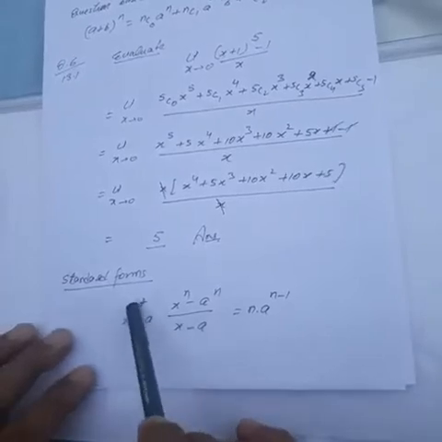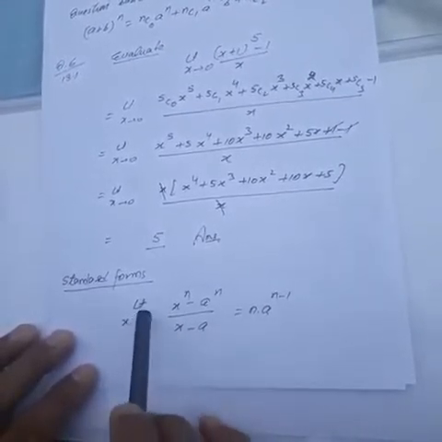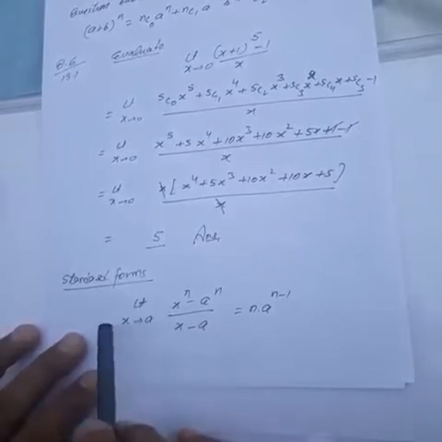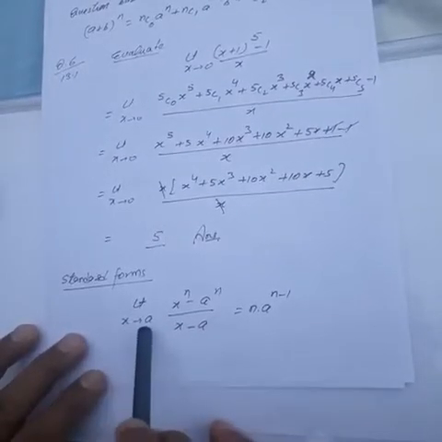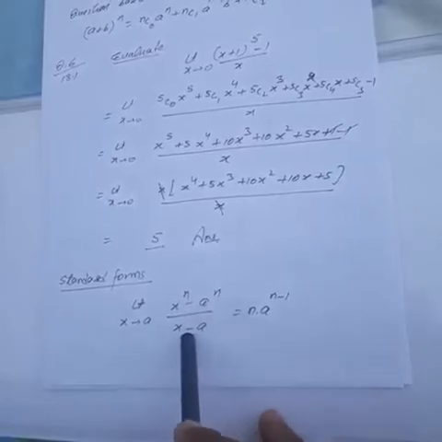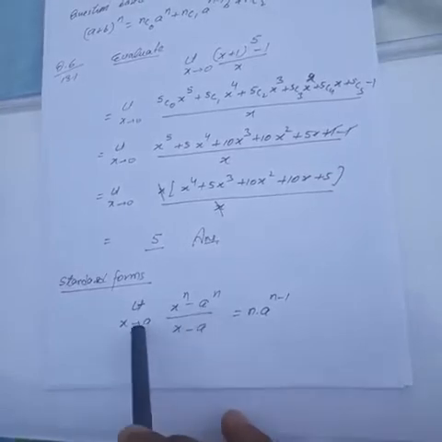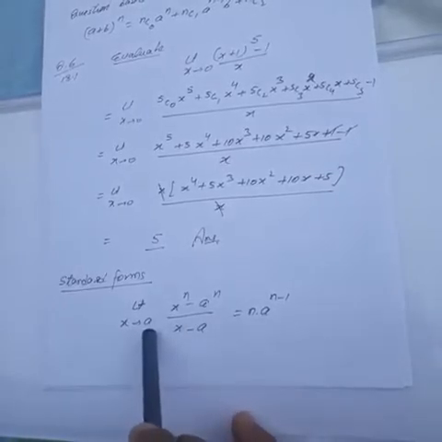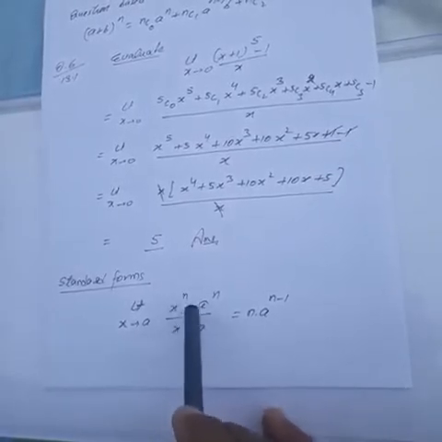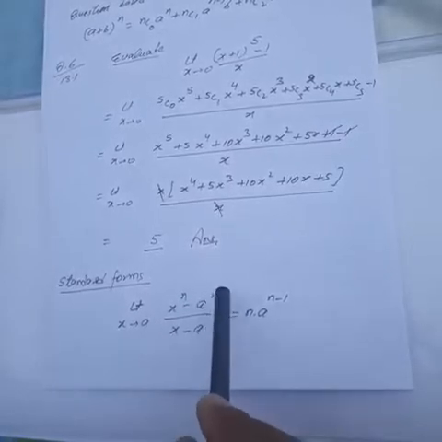Now we have one standard form for limits. The standard formula is: limit as x tends to a of (x raised to the power n minus a raised to the power n) upon (x minus a). You check it: x must tend to a, and n here may be any real number.